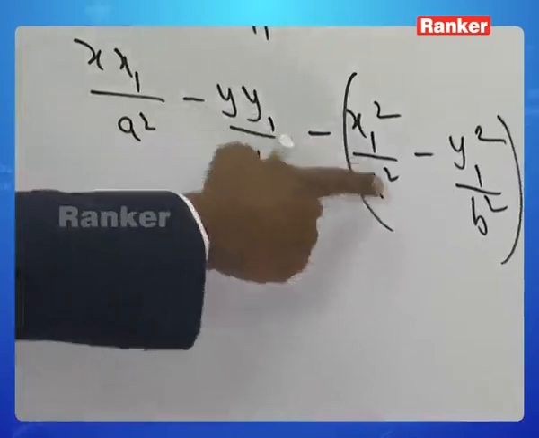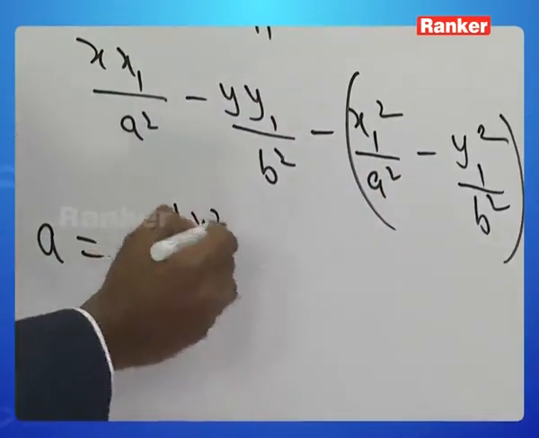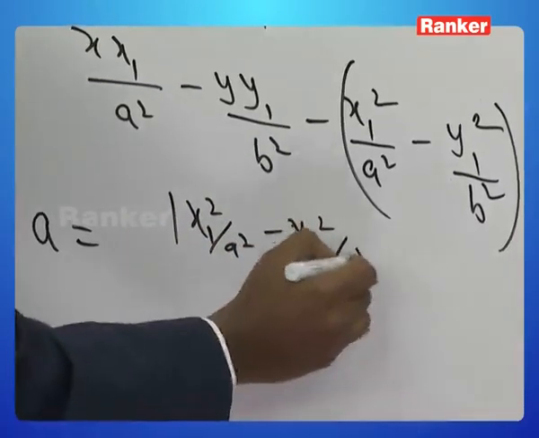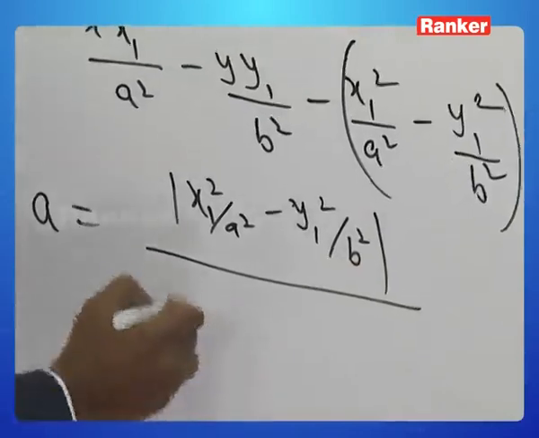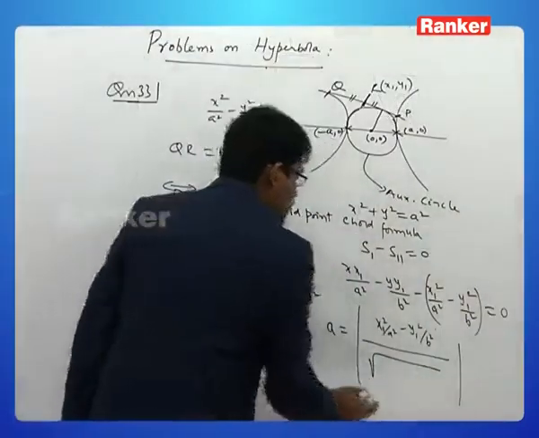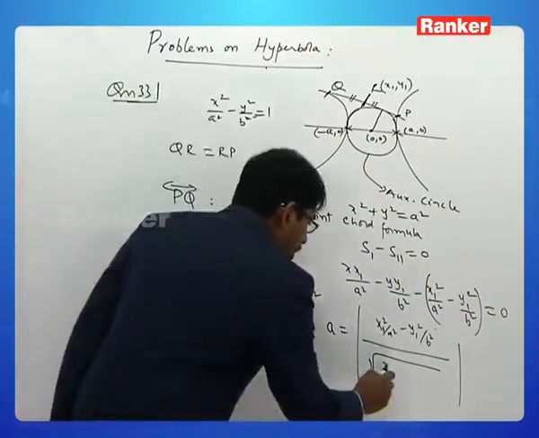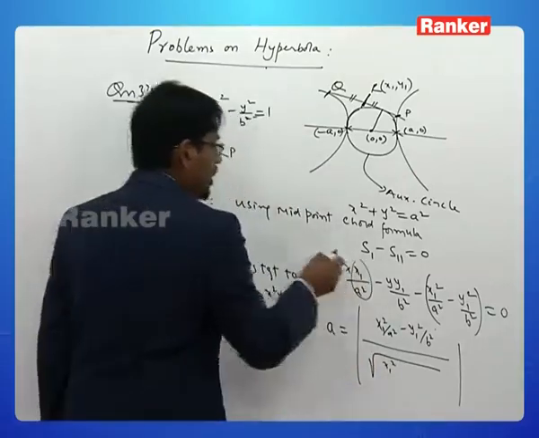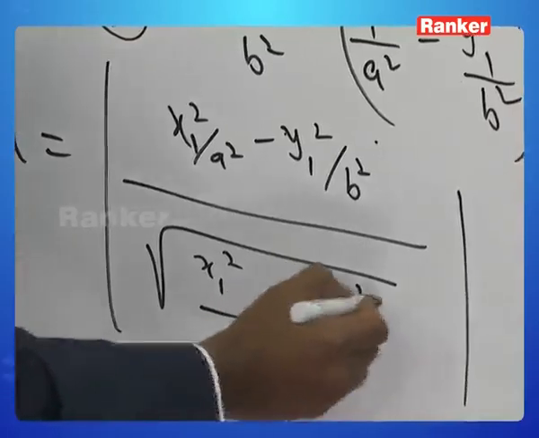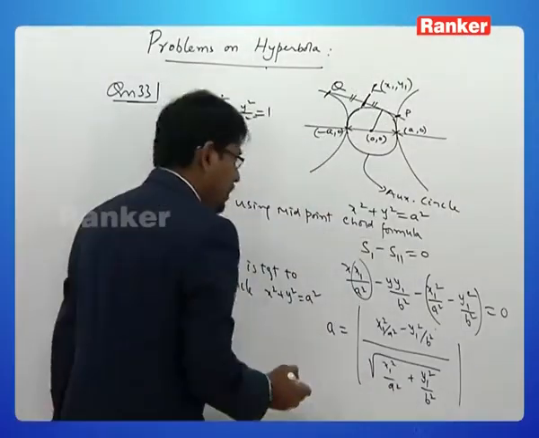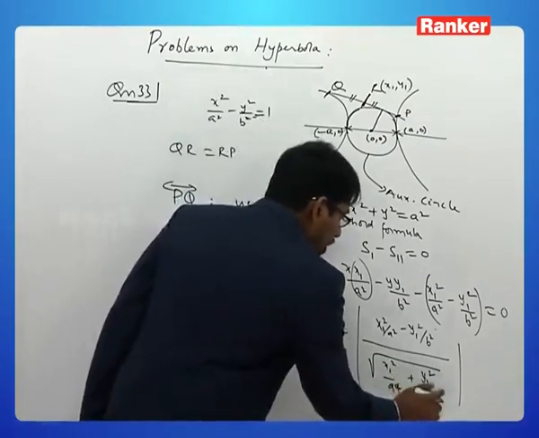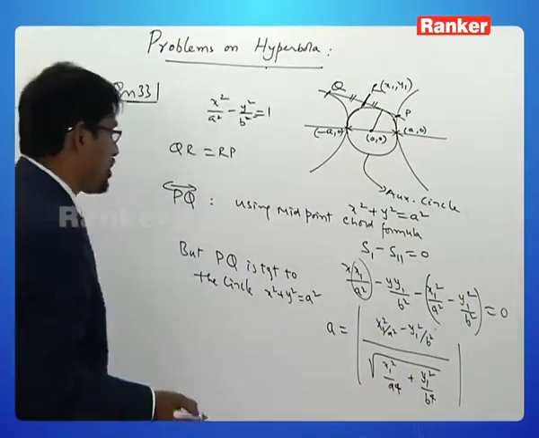The perpendicular distance from origin to this line will be modulus of x1 square by a square minus y1 square by b square, by under root of x1 square by a square, that's the coefficient of x, square, plus y1 square by b square, square, that is x1 square by a power 4 plus y1 square by b power 4. This is equal to a.